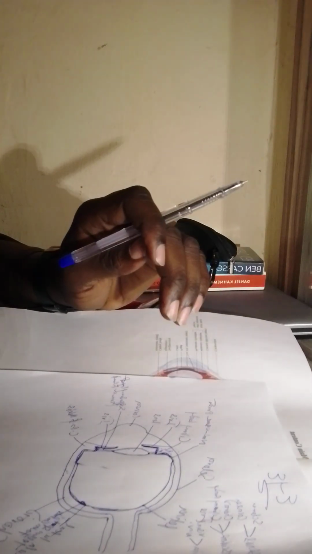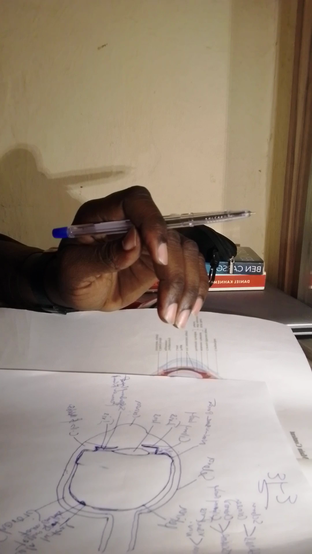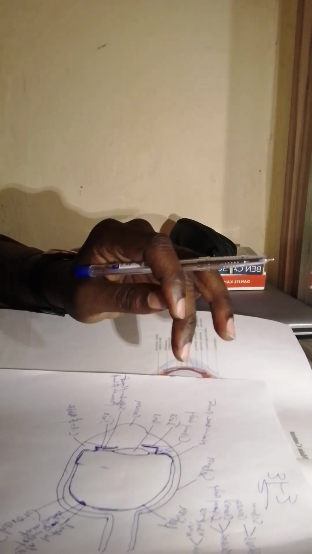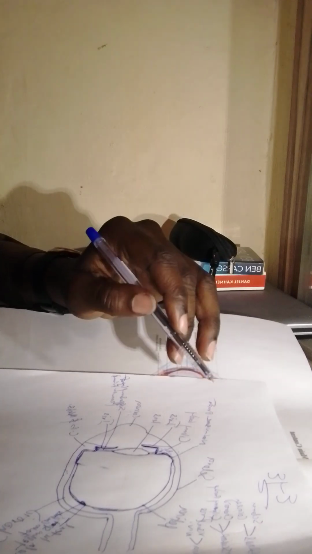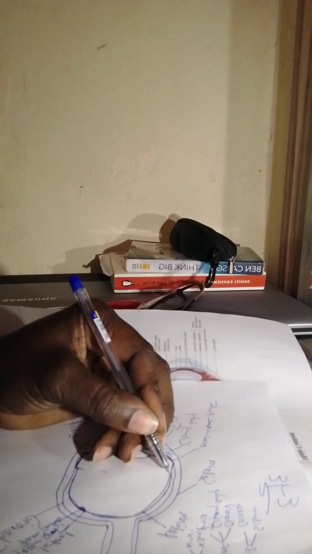Good. So the eye also has chambers, right? And we have a large chamber at the back of the eye here, the whole of here actually.